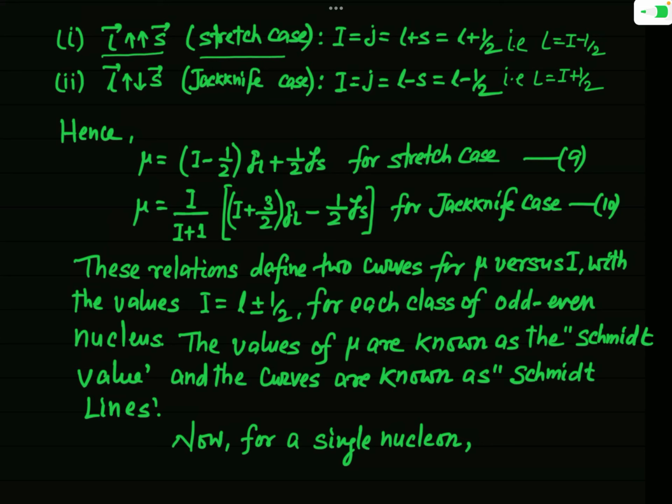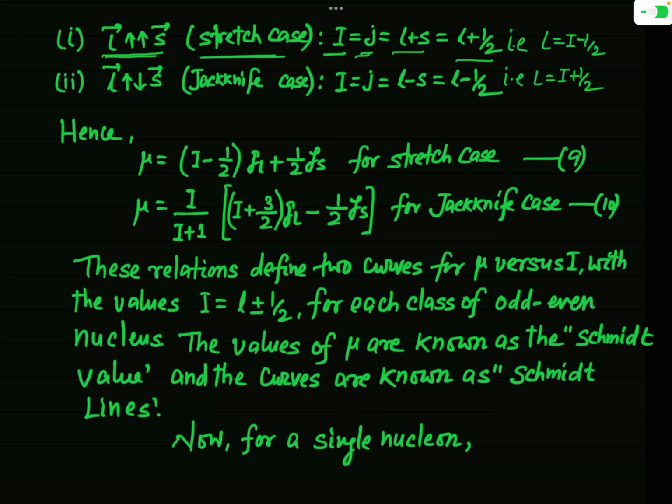In this condition, since L is parallel to S, the nuclear spin, which is denoted by the symbol I or J, I have written here I. This I represents the nuclear spin, or you can also write it equal to J, and that is equal to L plus S when L is parallel to S. And since for a single nucleon, either proton or neutron, S is equal to half, this will be simply L plus half. So J or I will be equal to L plus half when we consider the stretch case.